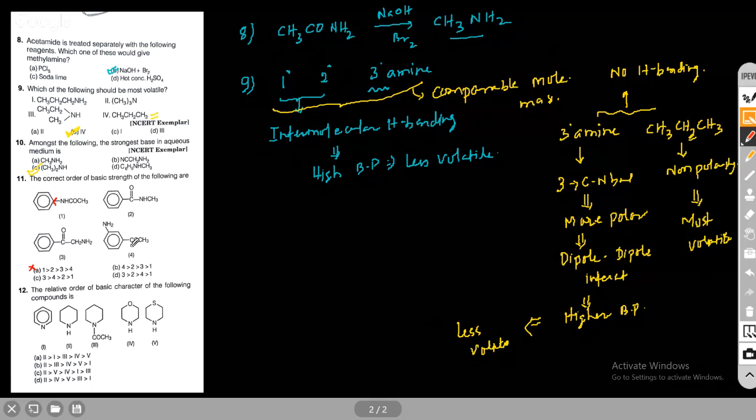It is what? Electron withdrawing group. So electron withdrawing group will decrease the basicity of this NH2. This is NH2 here. This one is electron releasing and this one is electron withdrawing, but this will not withdraw electron with this. Okay, this lone pair.